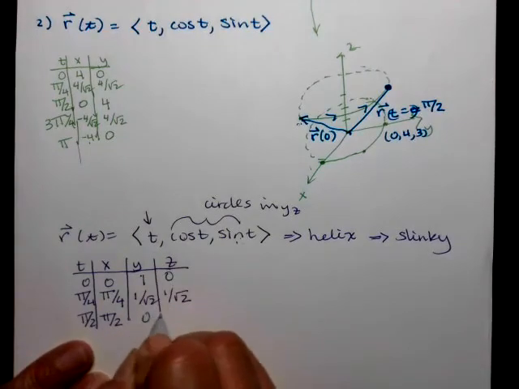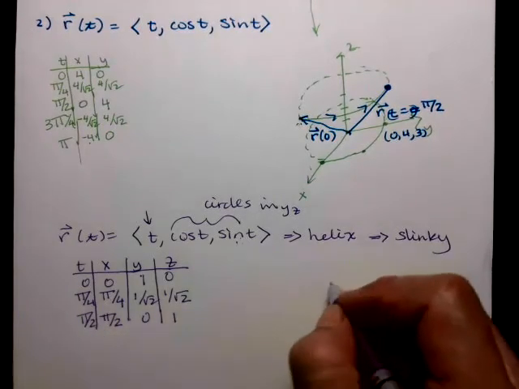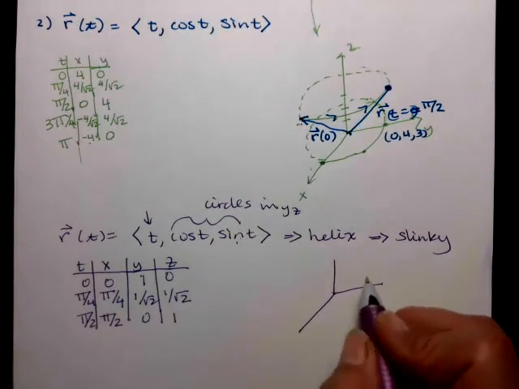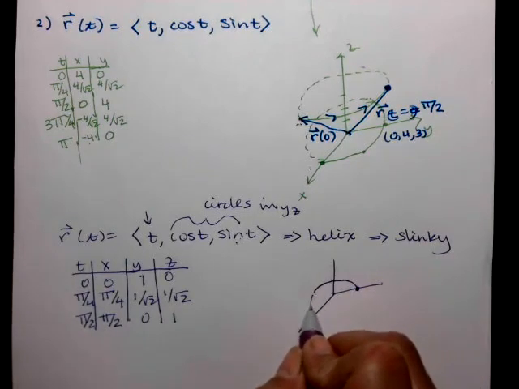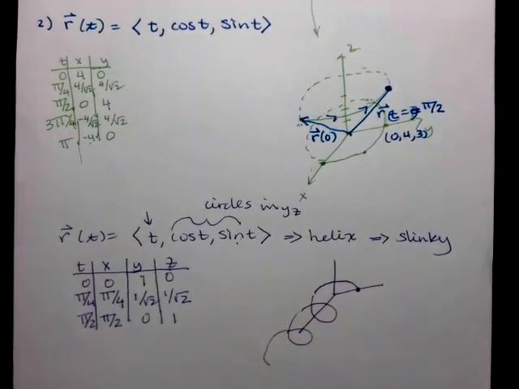Cosine of pi halves, now we're back to 0, sine of pi halves, we're up to 1. Okay. So it's this slinky, and it starts here, and then it's going to go up, and it's kind of coming out the page along the x-axis.